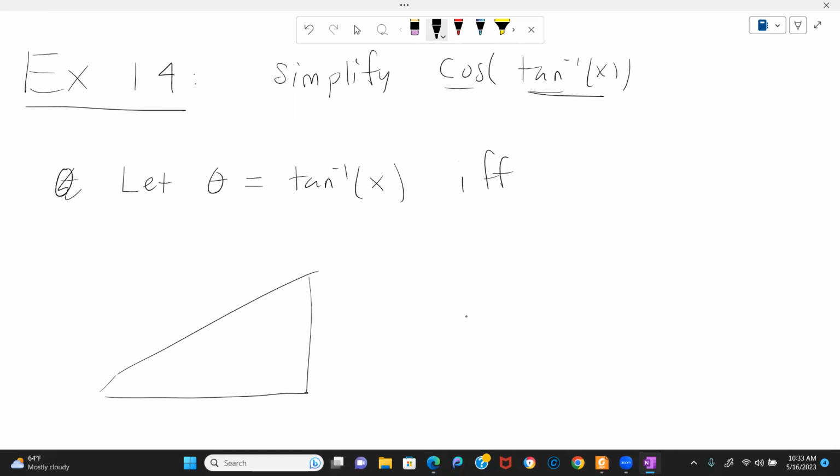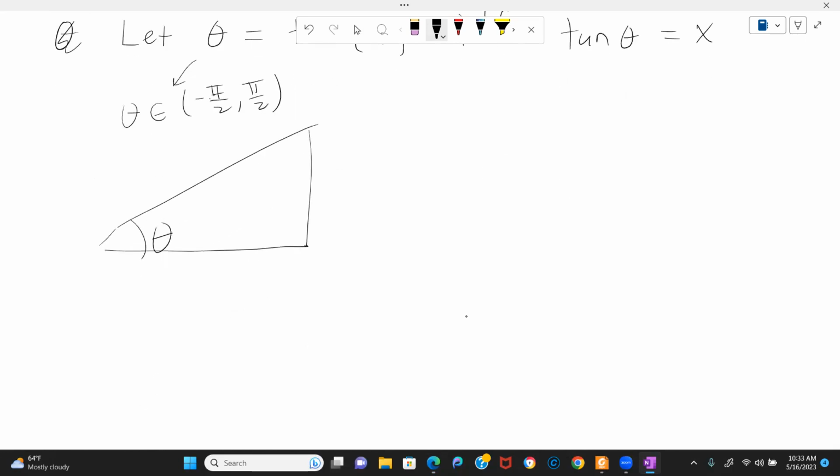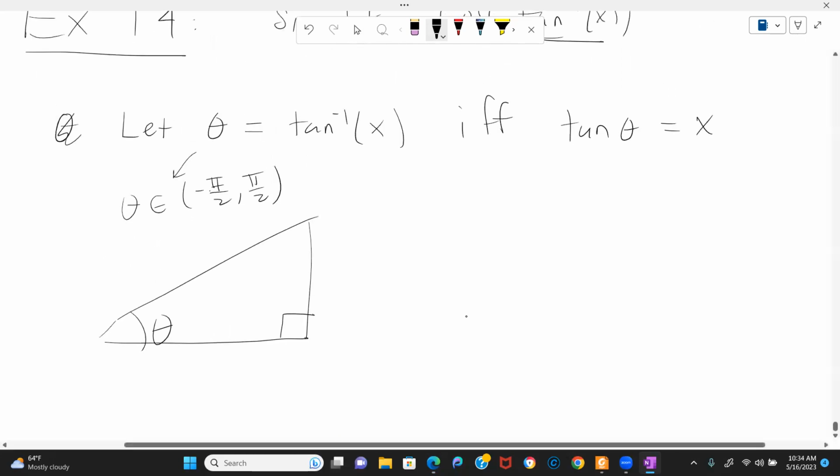And that's the case if and only if tangent of theta is equal to x. And so theta is just going to be some angle between negative pi over 2 and pi over 2, it doesn't matter, it's just some angle. And we can set up a right triangle with angle theta as one of the angles of this right triangle.